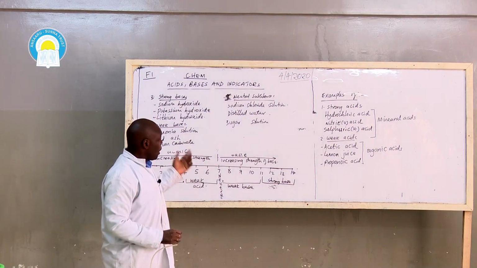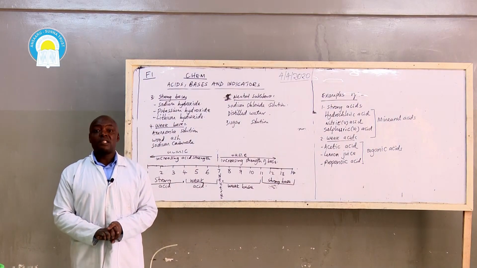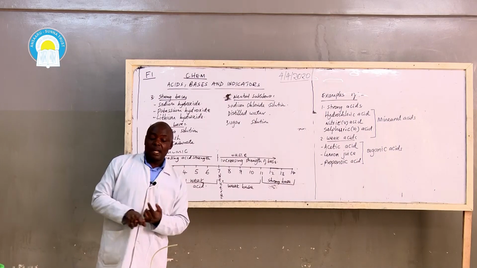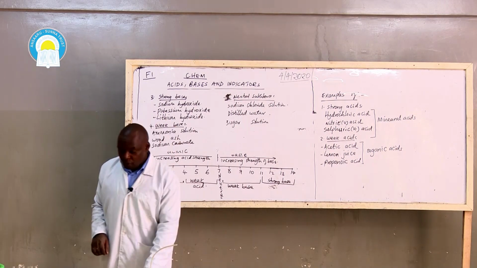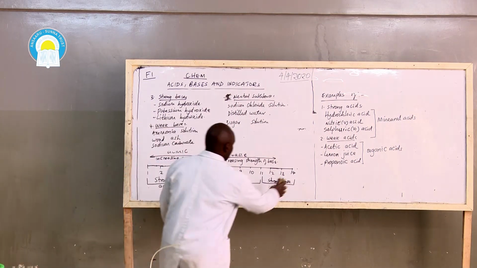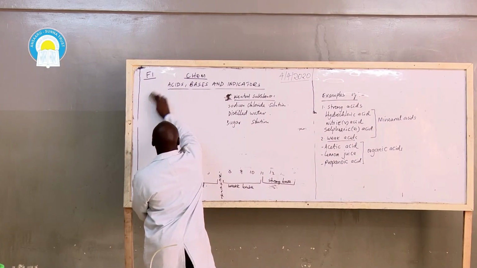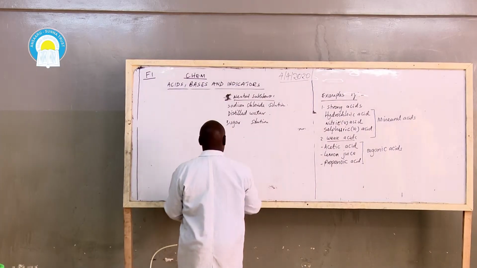So today we have looked at acids and bases, and we have said that an acid is any substance with a sour taste, and a base is any substance with a bitter taste. However, we cannot use taste as a way of classifying acids or bases because some of these substances are poisonous.